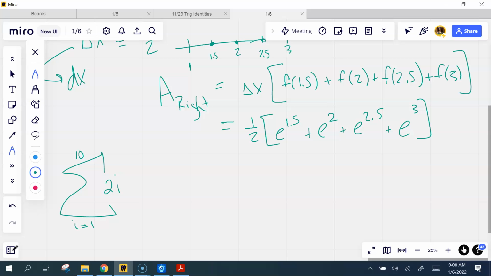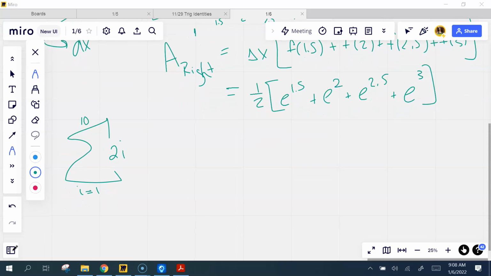What this would say is, take 2i, plug in 1, plug in 2, plug in 3, plug in 4, plug in 5, and add all that together until you get to 10. So this would say, start with 1. So you'd have 2 times 1 plus 2 times 2 plus 2 times 3 plus, and so on, from 1 to 10.